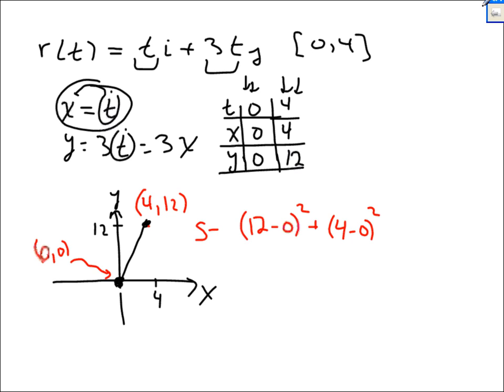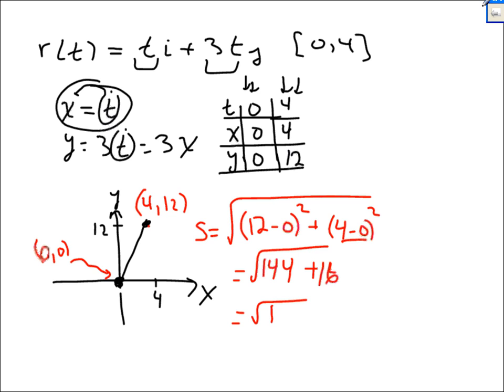The distance, which is denoted by s, is 12 squared. 12 minus 0 is 12. Square it, get 144. 4 minus 0 is 4. You square it, you get 16. You add up those two numbers, you get 160, which is 16 times 10.